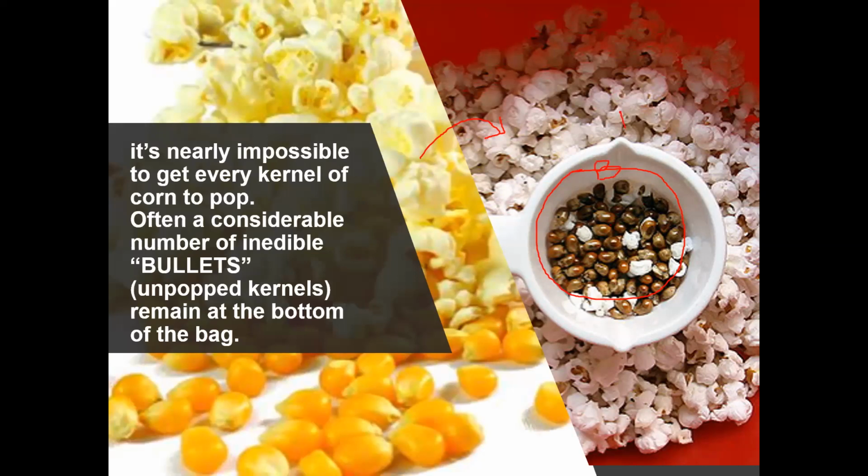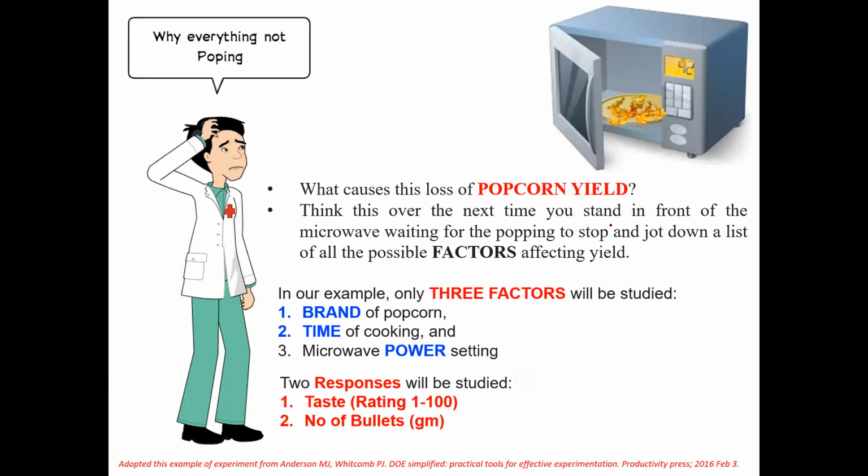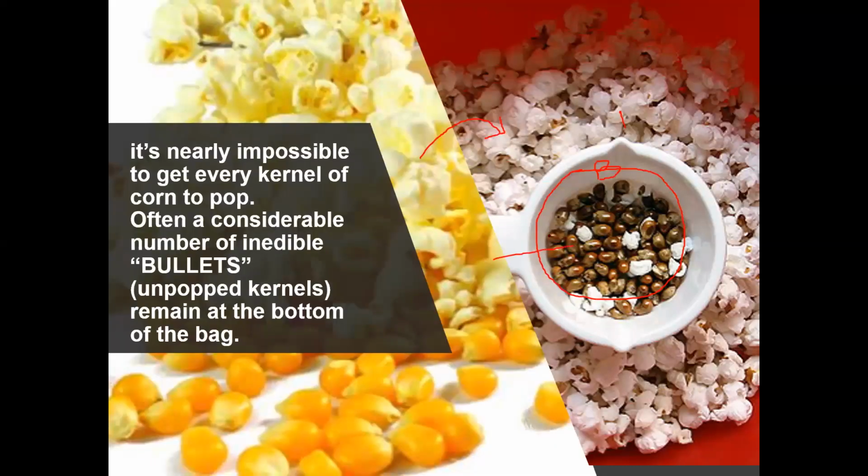So before conducting a design of experiments approach, one should consider what is the problem behind the formation of this kind of bullets. What are the process parameters and material attributes related to the popcorn causing the bullet formation has to be considered.